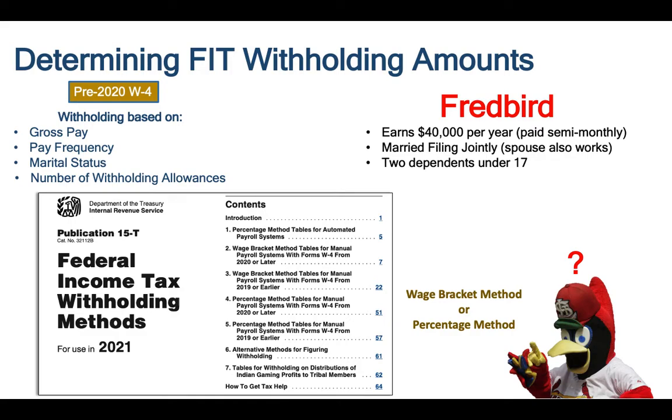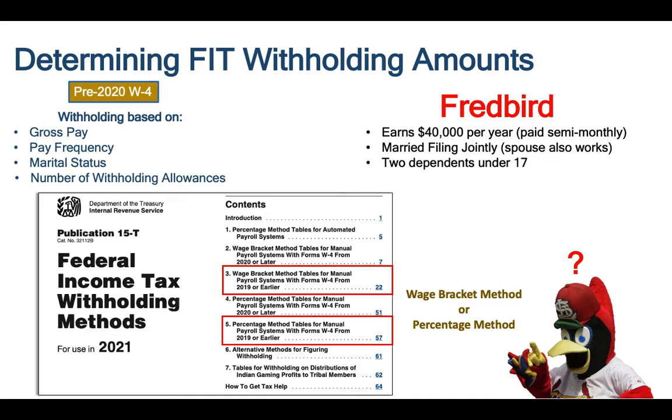There are 7 different sections to this, and we need to look at the appropriate one for the given scenario. In the case of the wage bracket method, or the percentage method for a pre-2020 W-4, we need to look at either Section 3 or Section 5.